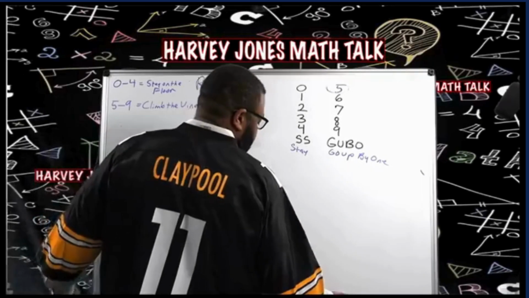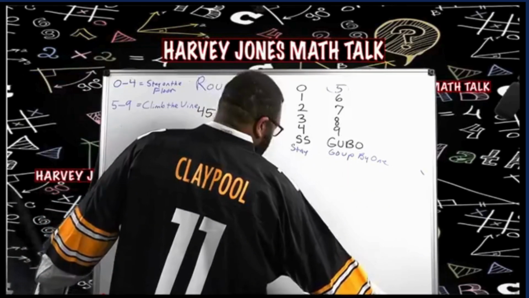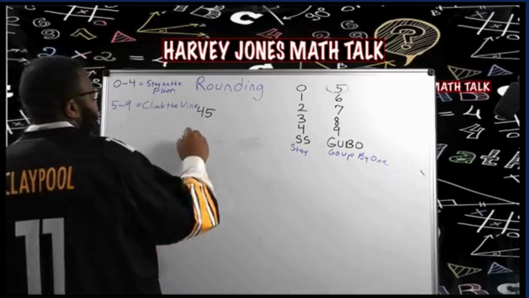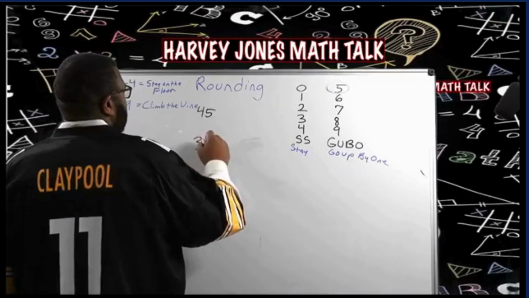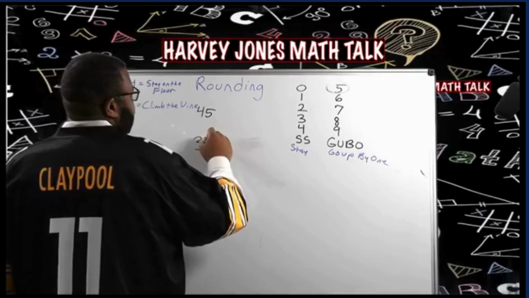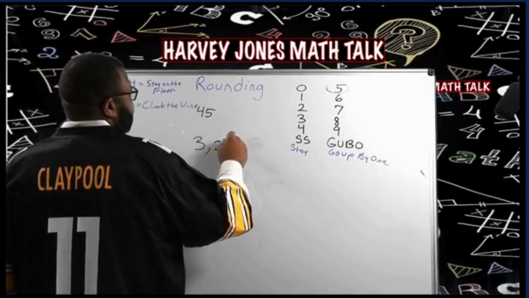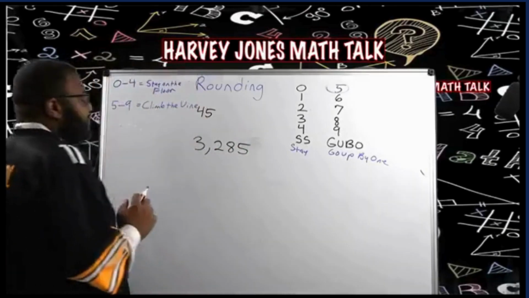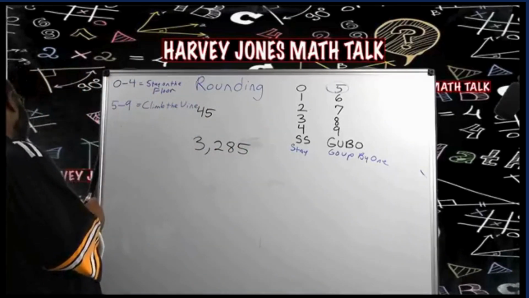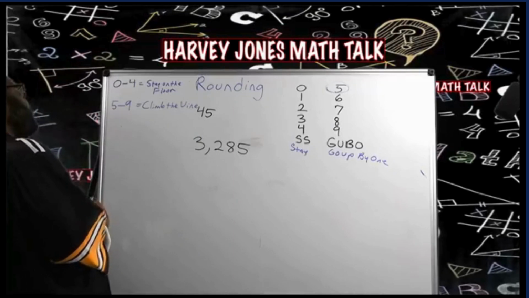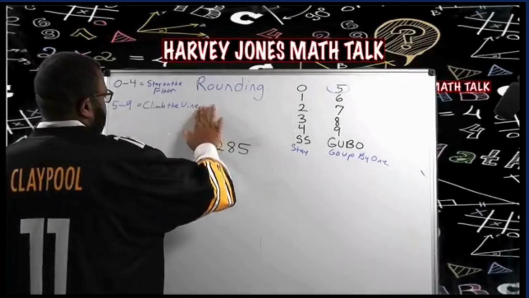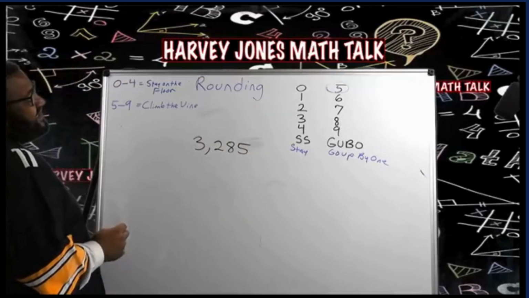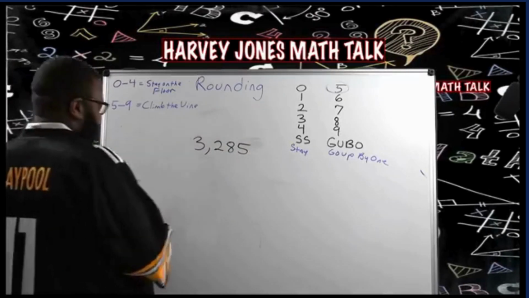All right. Now, on the same token, we're going to flip it around just a little bit. 3,285. Okay? And this time I want to round to the hundreds place.